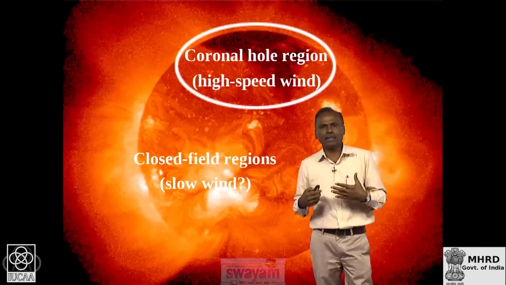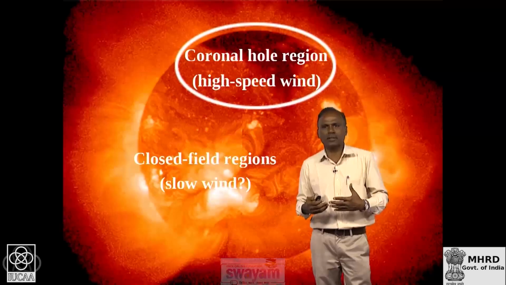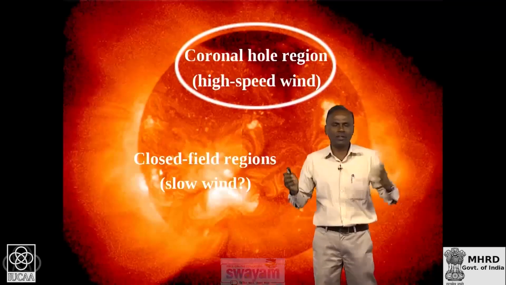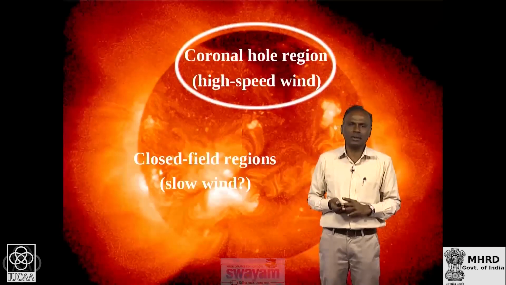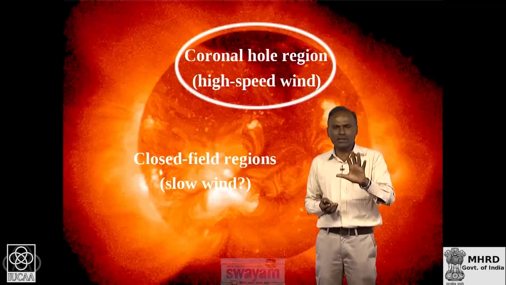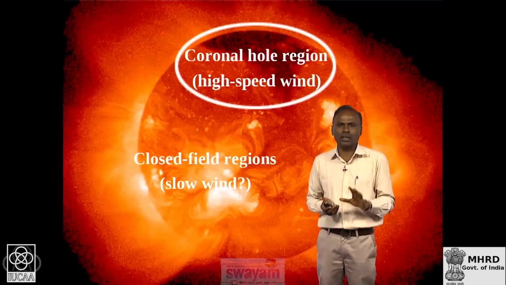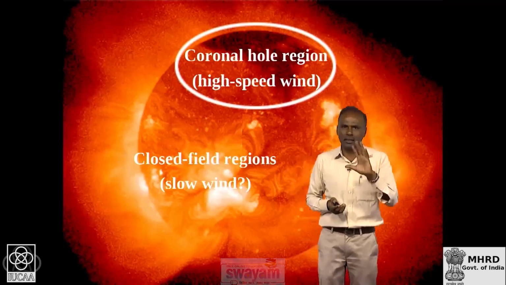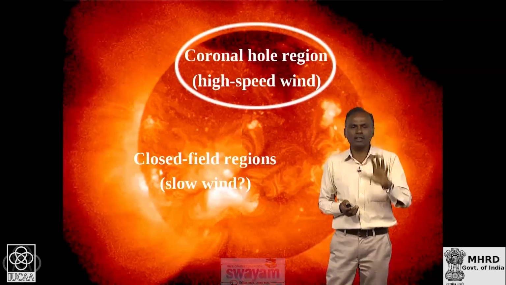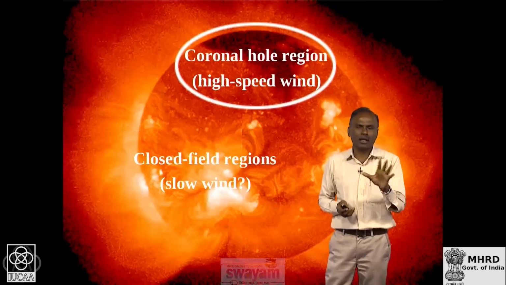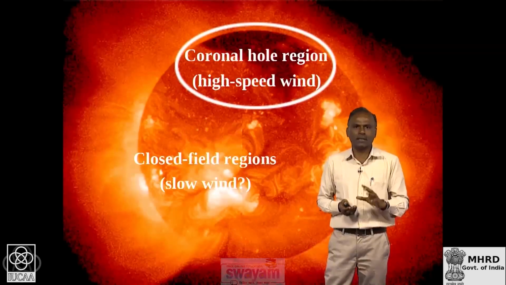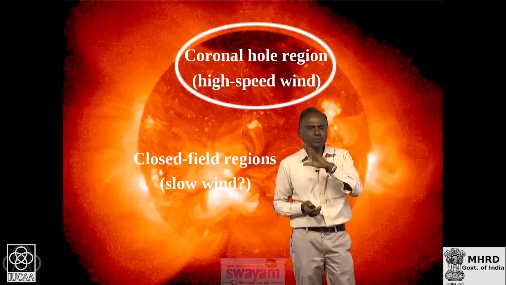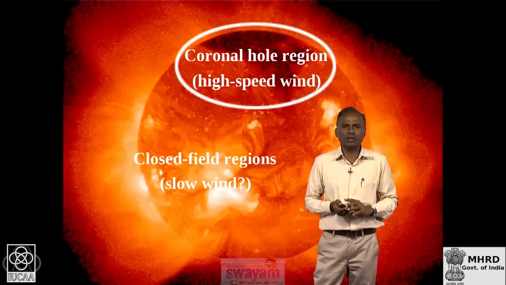Sometimes high speed transients can take place from the sun, like coronal mass ejection. They can have a very huge speed. The average speed of the solar wind at 1 AU is something like 470 kilometer per second, but typically the speed from the coronal holes is about 800 kilometer per second, and speed from the closed regions can be something like 250 to 400 kilometer per second.